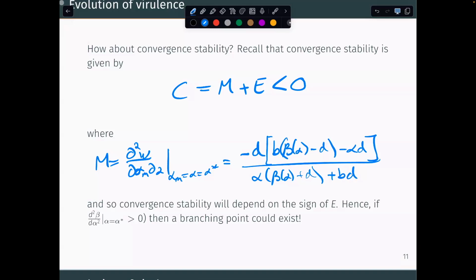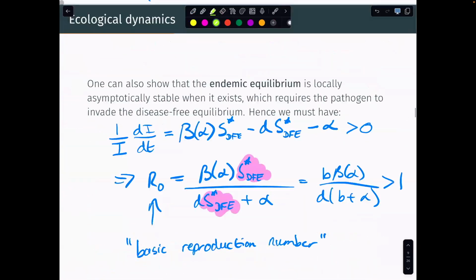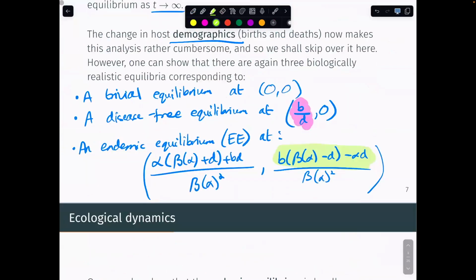Okay, so the denominator here is always going to be positive. So all these terms here are positive as well. What about the numerator? Well, it might not be immediately obvious, but if we go all the way back up, it's the same as what I've highlighted in green here, which is nice because we know that our endemic equilibrium is only going to be realistic if this is positive.